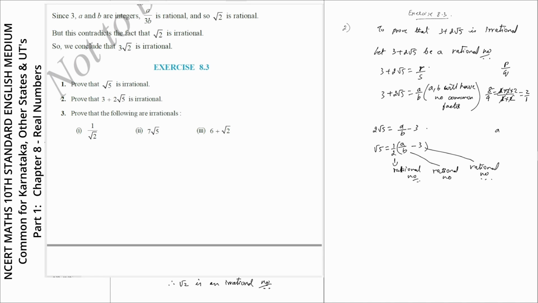So a by b minus 3, rational number minus rational number gives a rational number, and again when it is multiplied by a rational number, we get a rational number. But root 5 is an irrational number. We already proved in the previous examples. Now the left hand side is an irrational number, and the right hand side is a rational number.